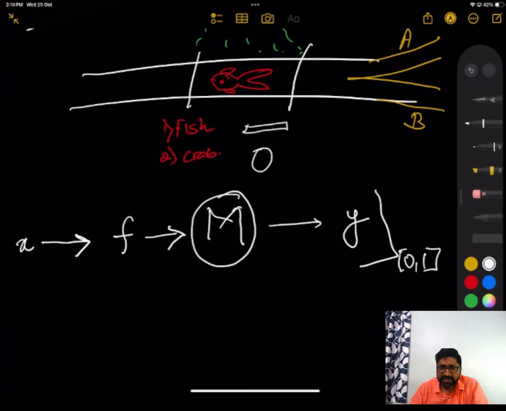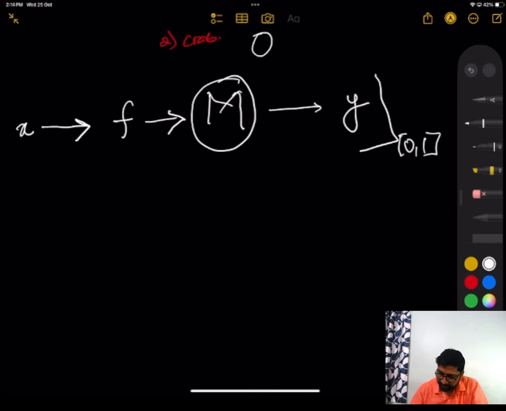So when we are saying learning, what does it mean? It simply means, for example, we are having this circular notation as a crab in the feature space. Let me put it this way.